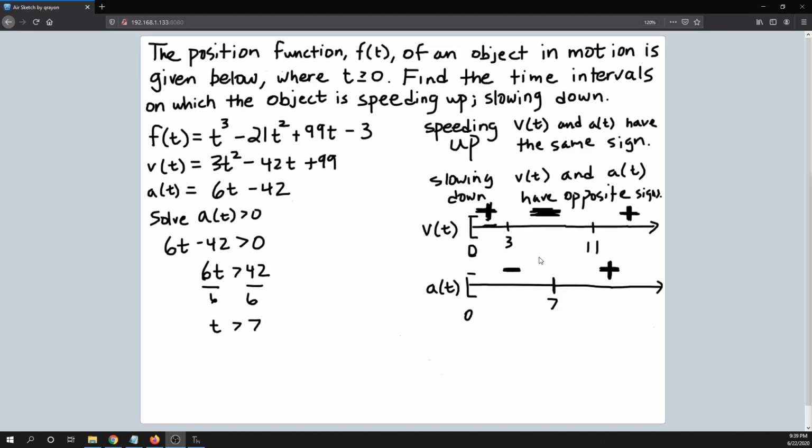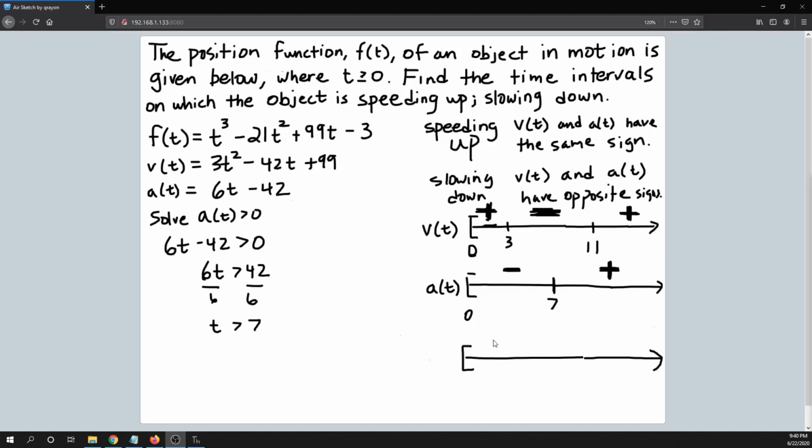So you can read off your answer straight from there. But what I like to do is make a third number line. And then I like to bring every number on each number line down to this third number line.